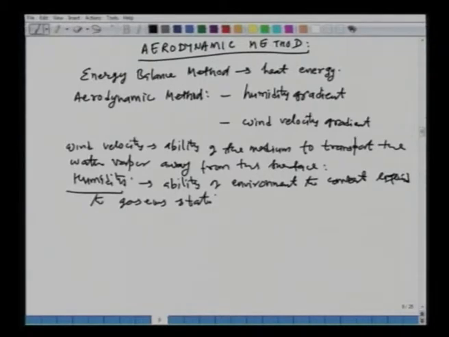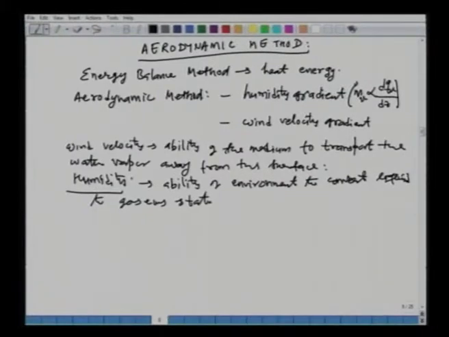Now, what is this humidity gradient, which will dictate what is called your m_v dot? m_v dot is what we call the vapor flux. It is directly proportional to dq_v over dz, where m_v dot is the vapor flux going upwards and the humidity gradient is represented by dq_v over dz.